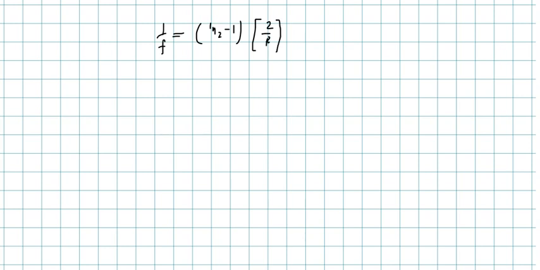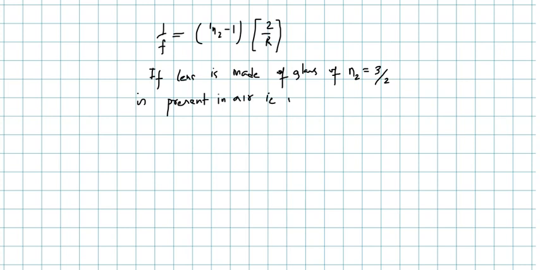Now, let us say the lens is made of glass of n2 equal to 3 by 2 and is present in air, that is n1 equals 1. Then 1 by f equal to n2 by n1 minus 1, into 2 by r.